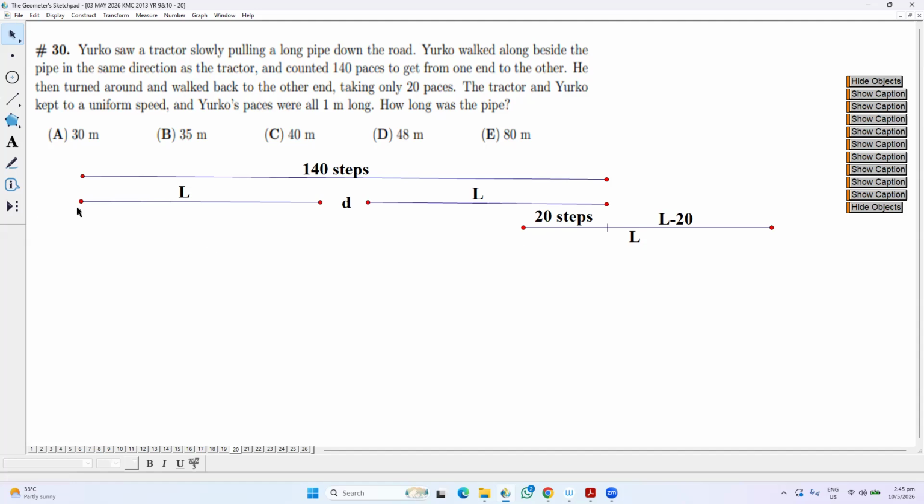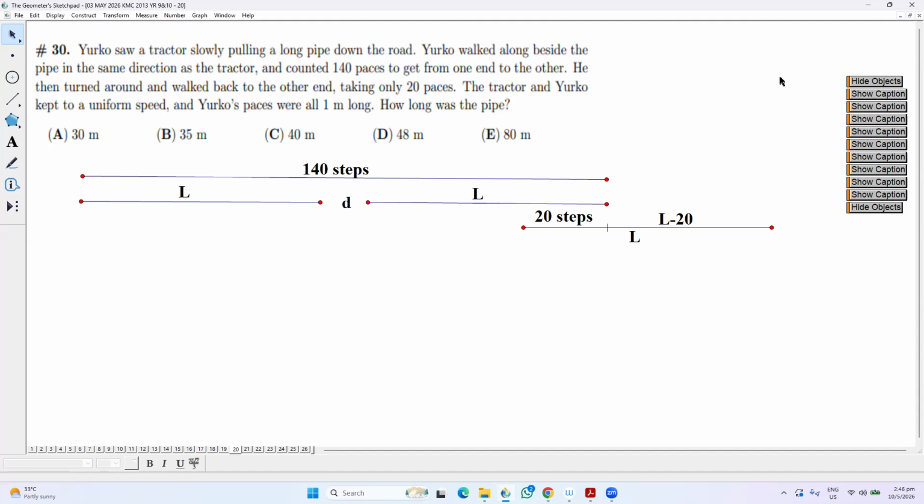Start here, he walked. The pipe also moved quite far away until Yoko reached here, 140 steps, the front of the pipe. Then he turned back. After 20 steps, he reached the end of the pipe. That means the front has gone to here, the end is here, so Yoko used 20 steps.